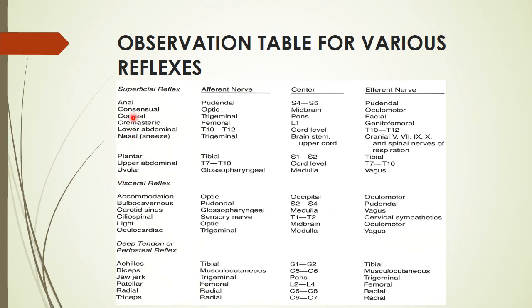Suppose we asked you to do biceps. Biceps reflex is a deep tendon reflex, and comes under the heading of deep reflexes. It is supplied by the afferent musculocutaneous nerve, root values C5, C6, cervical 5 and cervical 6 segments. Again, the efferent nerve is the same musculocutaneous nerve.